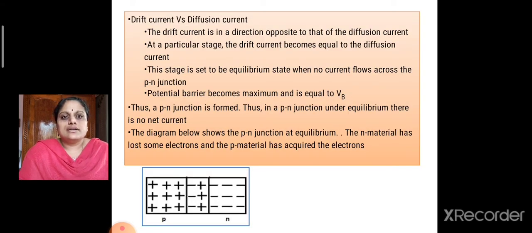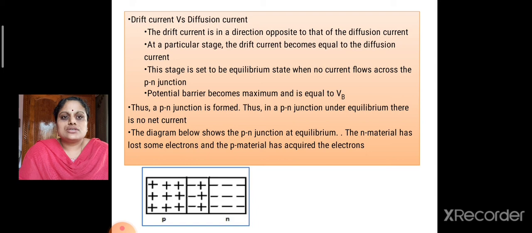Now let us see the difference between drift current and diffusion current. The drift current is in a direction opposite to that of the diffusion current. At a particular stage, the drift current becomes equal to the diffusion current.